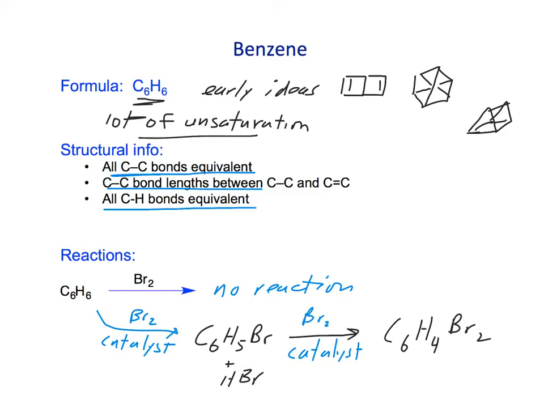But in this case, you don't get a single compound, but you could get a mixture of 3 discrete molecules. Okay? 3 distinct molecules. All right, so they had to come up with a structure that fit all of this data.